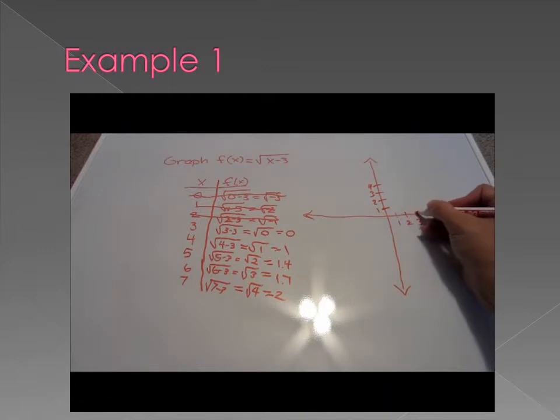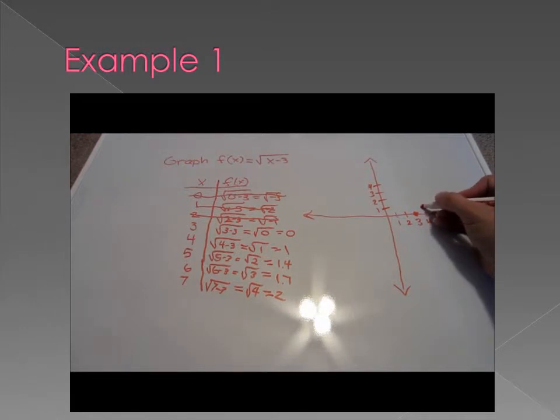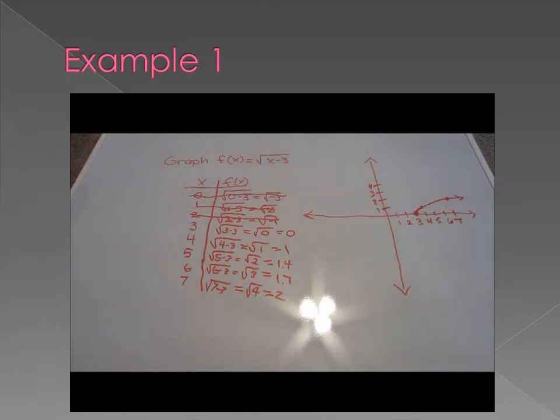So we go over 3 and up 0 and put a point. Next we have (4, 1), over 4, up 1. And I'm not going to graph the fractions yet. I'm going to skip down to number 7 where we have 2. And we're going to go ahead and connect those dots. And that is the graph of f of x equals the square root of x minus 3.